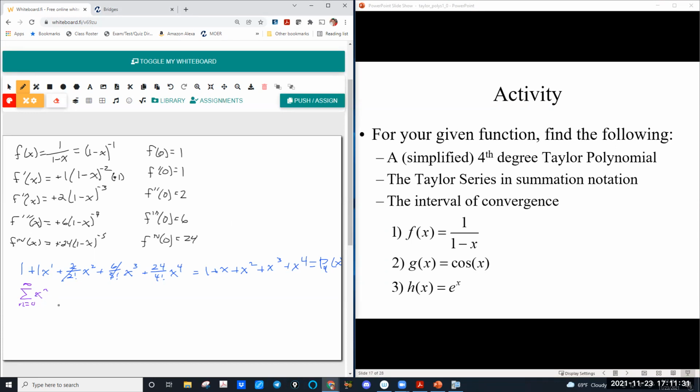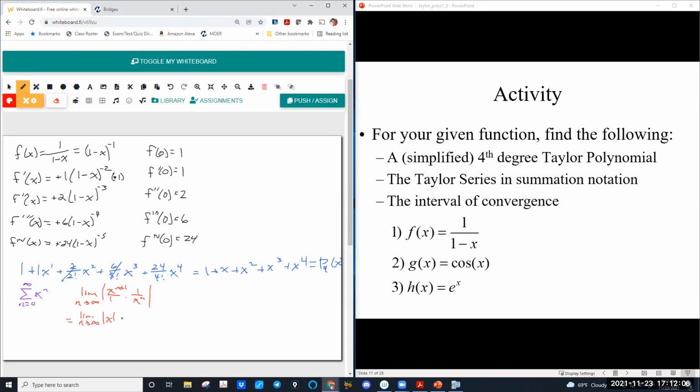So we have the limit as n goes to infinity, a very easy one to set up. x to the n plus 1 over 1 times the reciprocal, n plus 1, I said it but didn't write it, times 1 over x to the n, the absolute value.